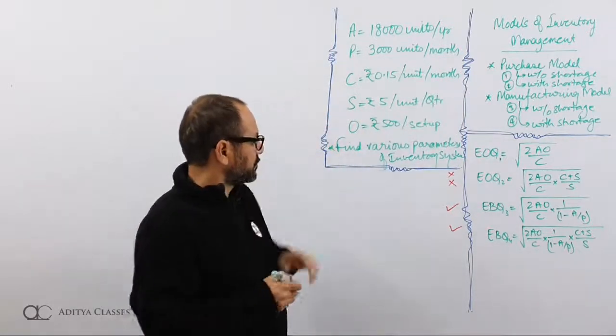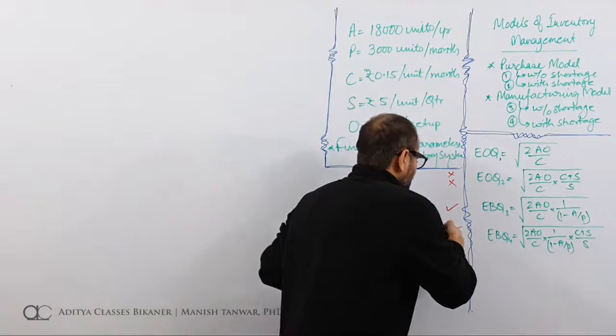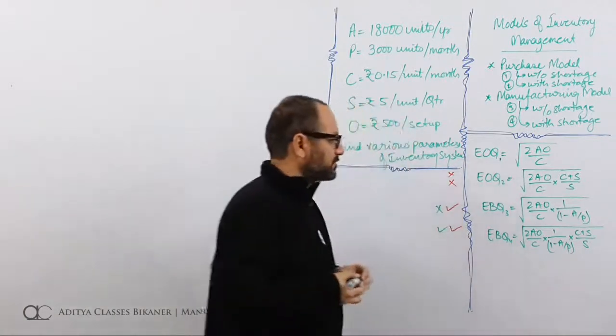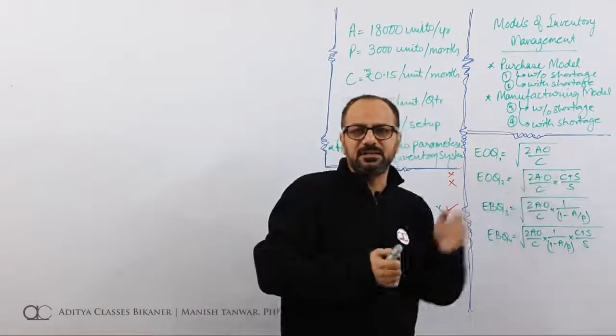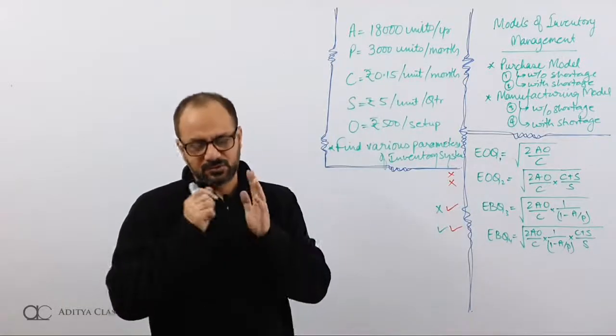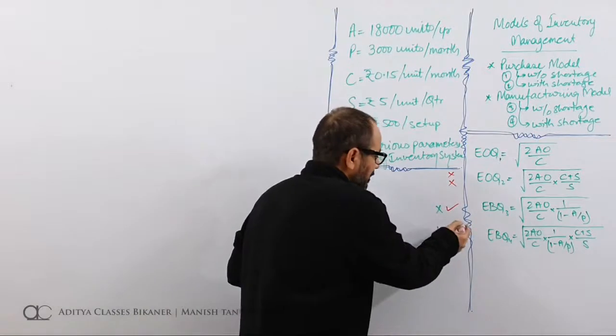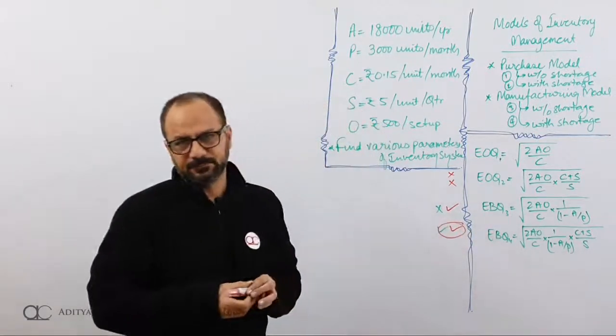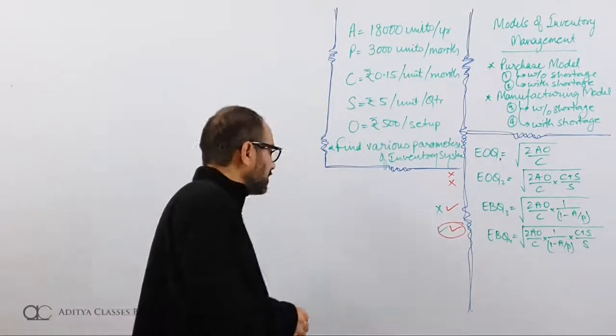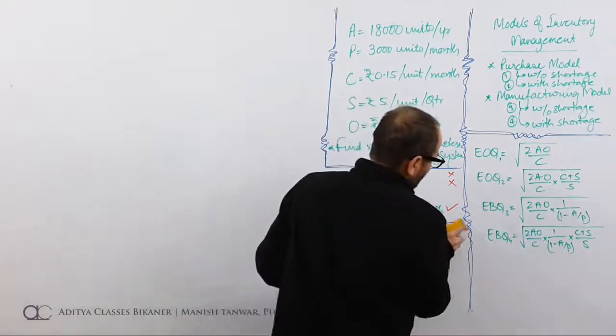Also, I have a shortage cost, and there is no mention of shortage cost in the EBQ formula. So with the given information, I can ascertain that my model is the fourth model, not the first, second or third.